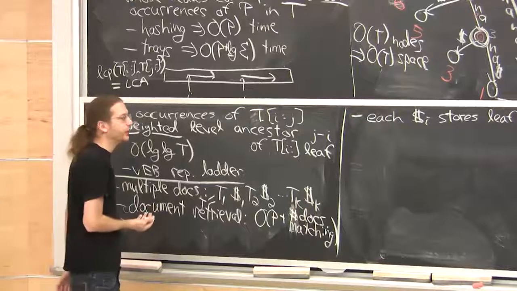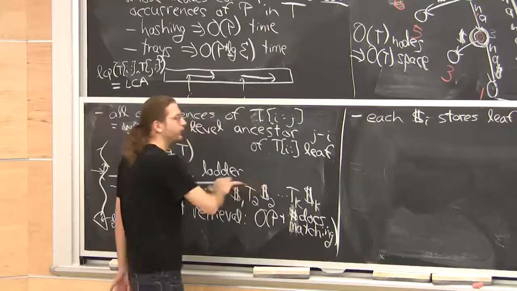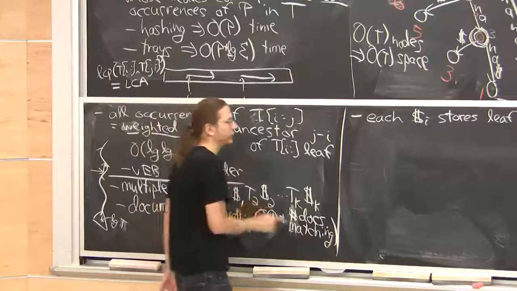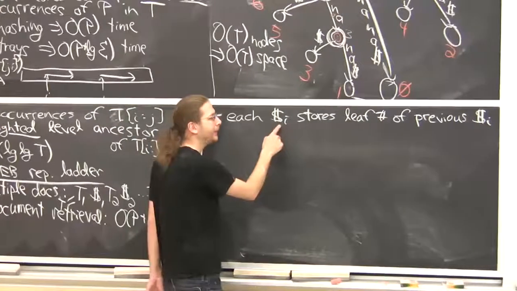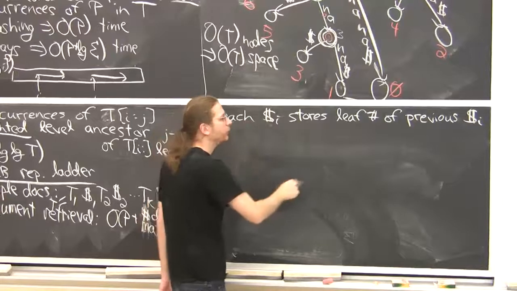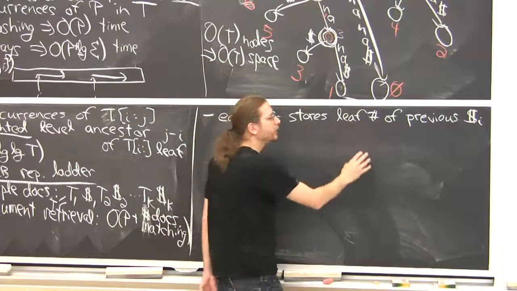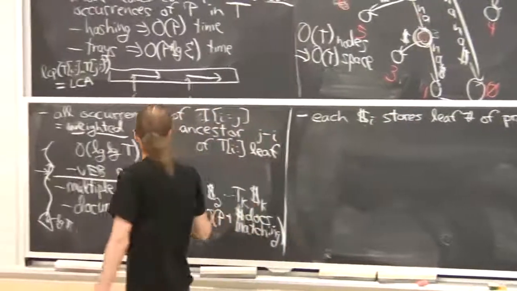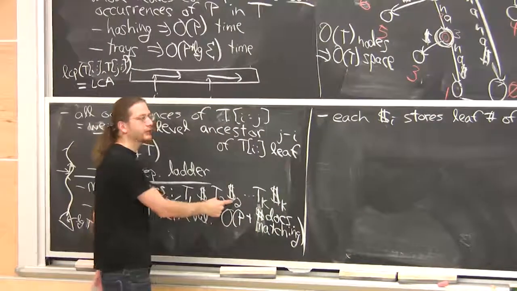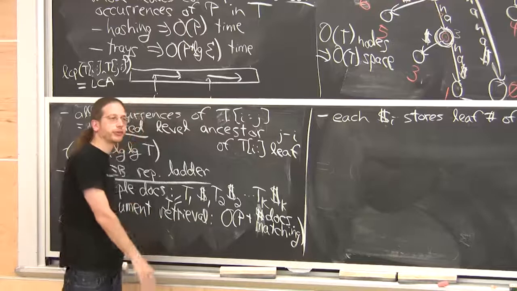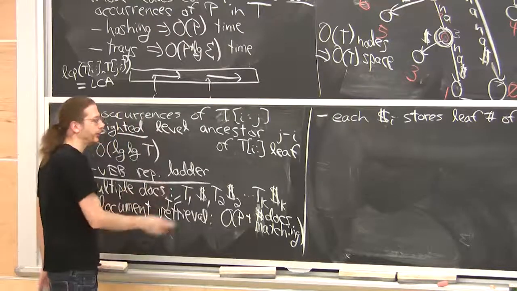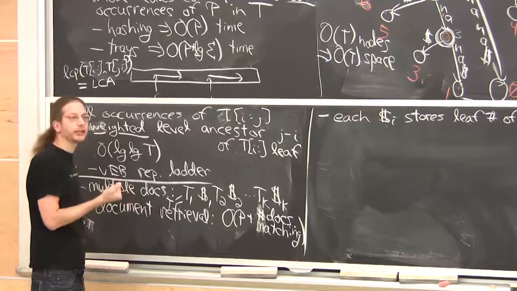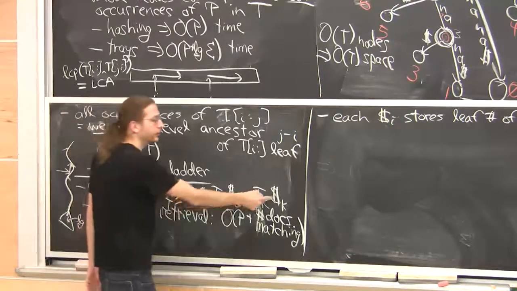In some sense, I want to remember which suffixes came from the same document. So at every $i, I want to store the number of the previous $i. Let's suppose the suffixes, when they get to one of the $, I can just stop. I don't have to store the rest. I'm going to throw it away. Whenever I hit a $, I will stop the suffix tree. So that way the $s really are leaves. All of them now become leaves.